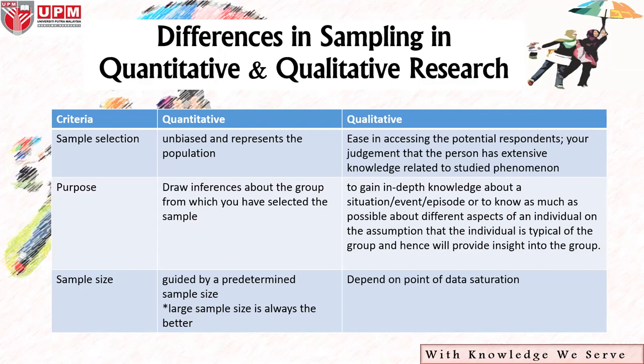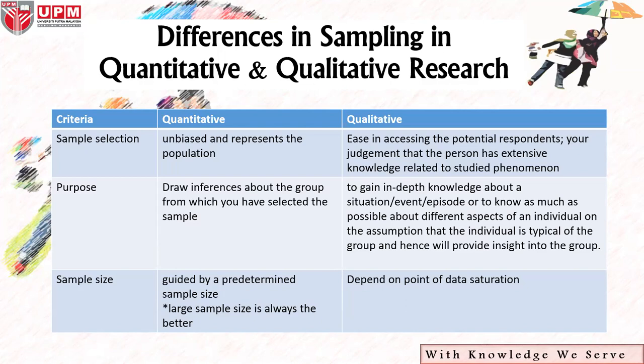At that stage, we know that our data already saturated. Okay, data ketepuan data ni maksud dia bila data yang kita dapat untuk responden terbaru ni sama dengan data yang diberikan oleh informant sebelum ni.